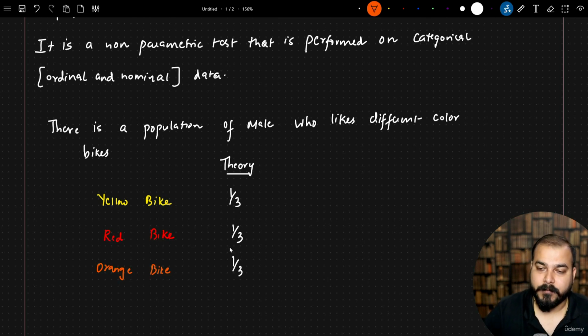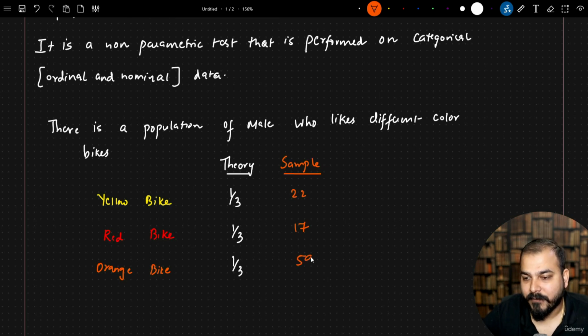Let's say this is the theory, which someone had made. Then they collected a sample, and they found that 22 people like the yellow bike, 17 people like the red bike, and 59 people like the orange bike.